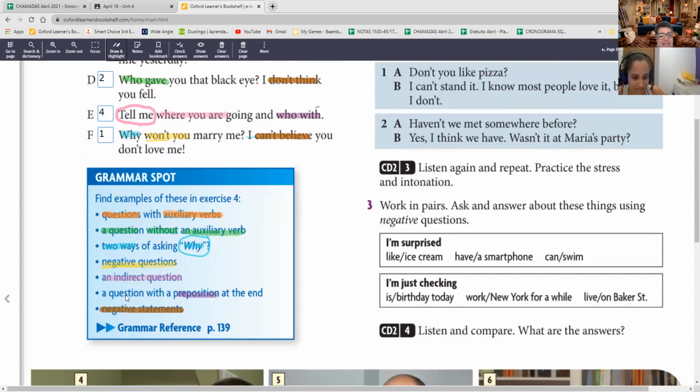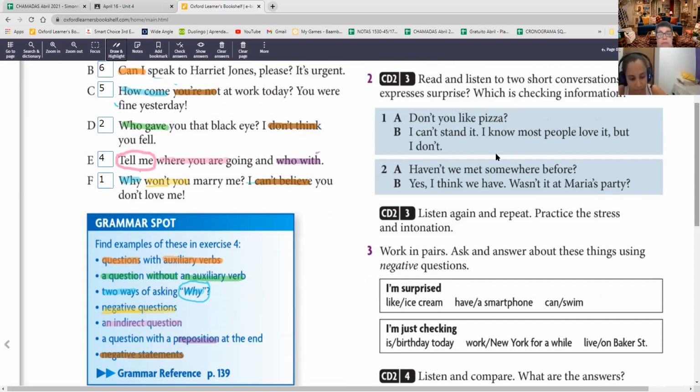Next one, you see so many different kinds of questions: a question with a preposition at the end. So it's also possible. Look, I found one here: tell me where you're going and who with, and then you have a period. So they finish the question with a preposition, because here it's implied that the question should be who you are going with.